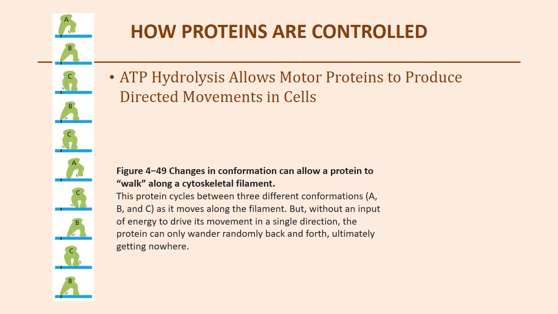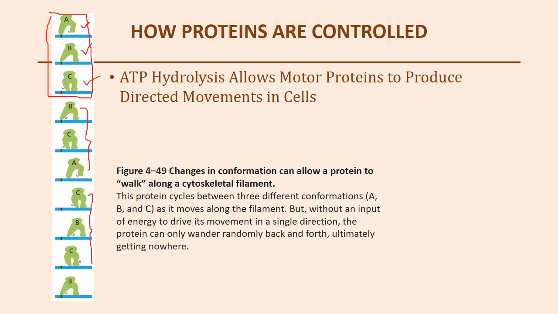Now, the problem with this is that as the conformational changes are happening, it's really hard to control it to make it move in a unidirectional way, meaning that you're allowing it to walk straight down the filament. So take a look at your picture right here, and what we're seeing happening is that our motor protein can basically take on three shapes: A, B, and C. Now, the three shapes are going to be important because it's going to allow us for some movement, but notice how by itself, we can't really control it moving in a straight pattern.